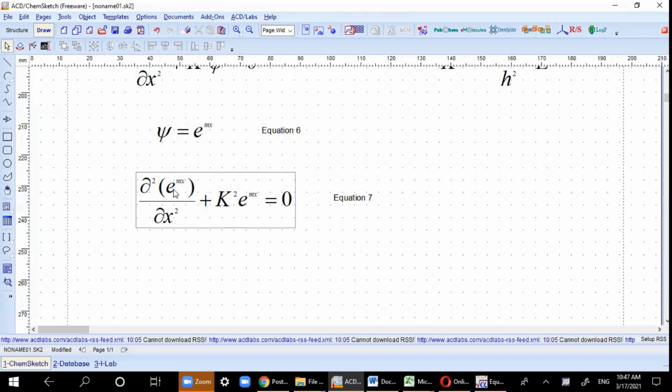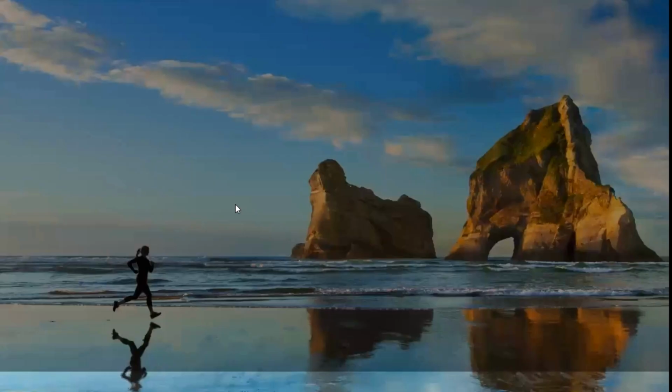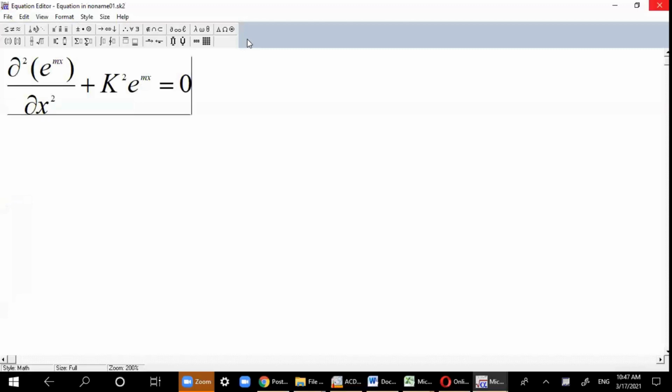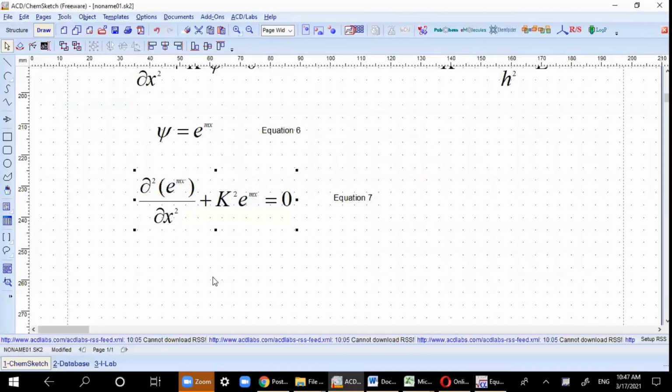Two times, m square into e power mx. If you differentiate e power mx two times, it becomes m square into e power mx.